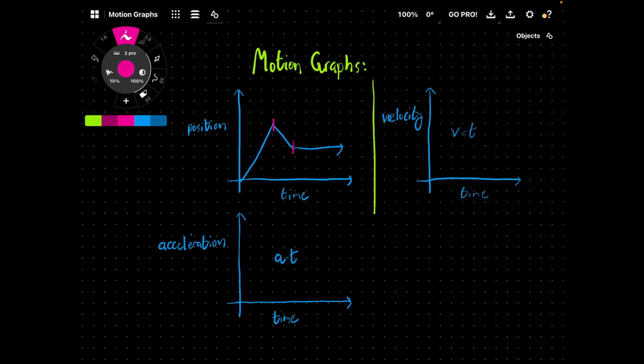We would take y2 and subtract the initial position, y1, and then divide that by x2 minus x1, or the final time minus the initial time, or the time span. Now that's the same thing as figuring out velocity through the formula, but not all problems will give you numbers, and sometimes you have to read them off graphs.